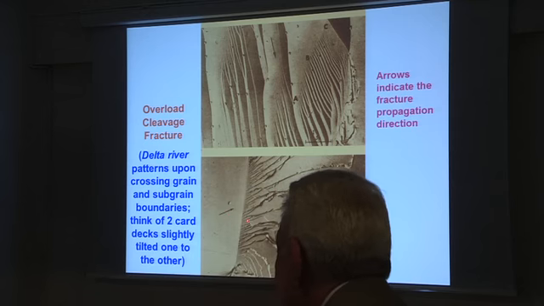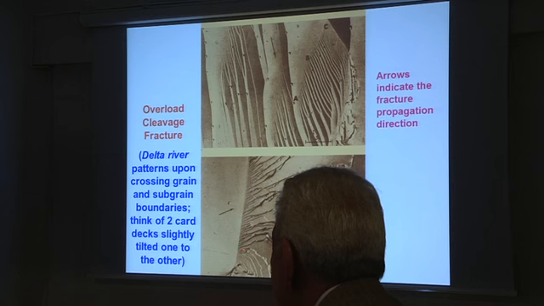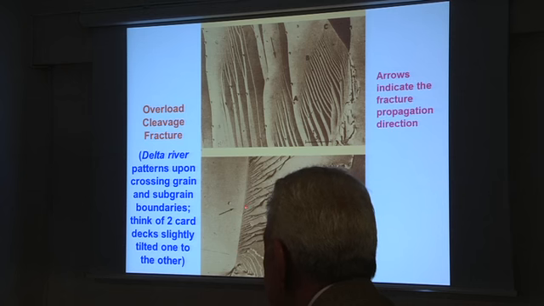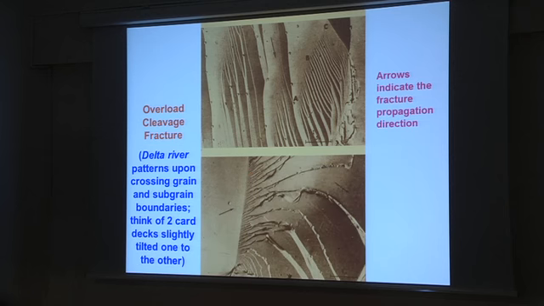And then, as it crosses the boundary, it distinguishes itself in little plane facets. Why is that so? Because when we have a crystal, the next crystal has not the same orientation in space.